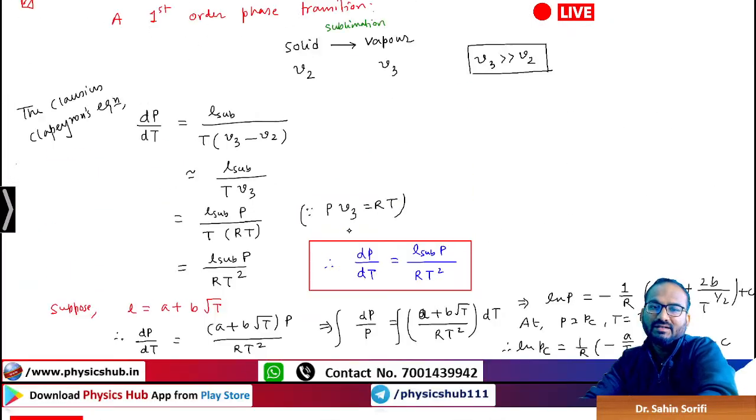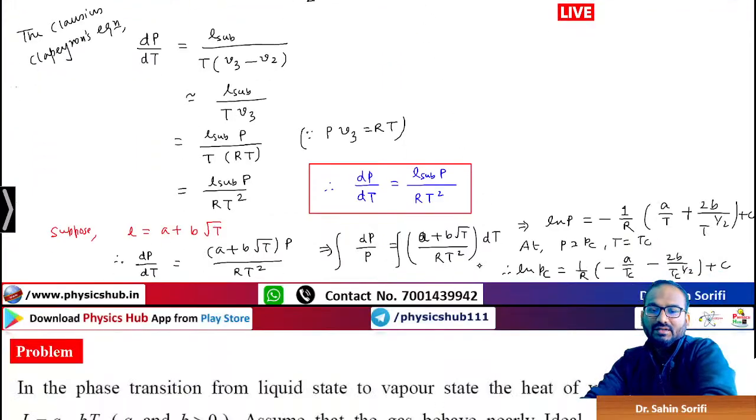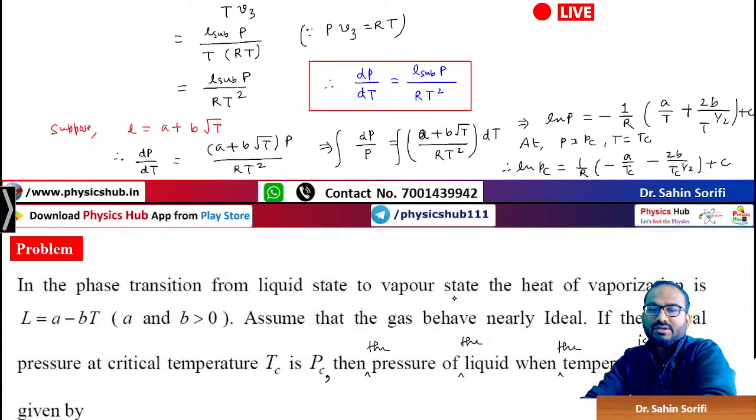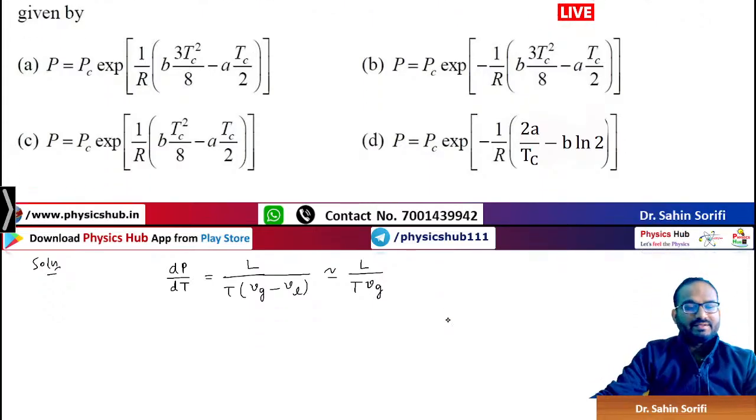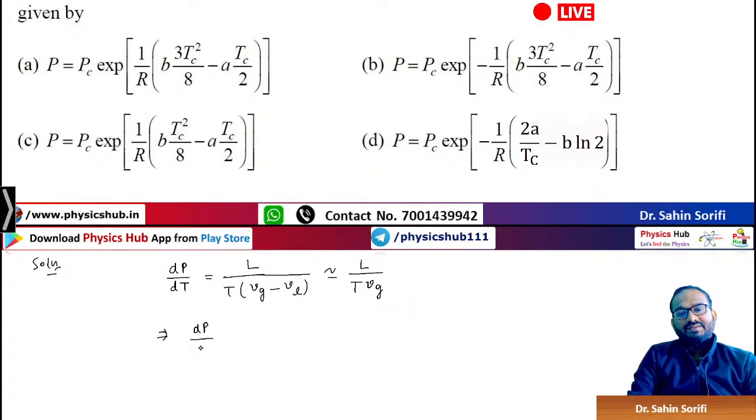Look, here we have done the calculation for solid vapor. Here liquid vapor also works equally well.